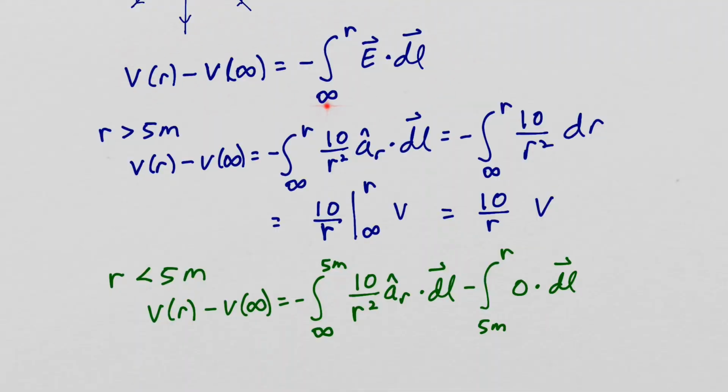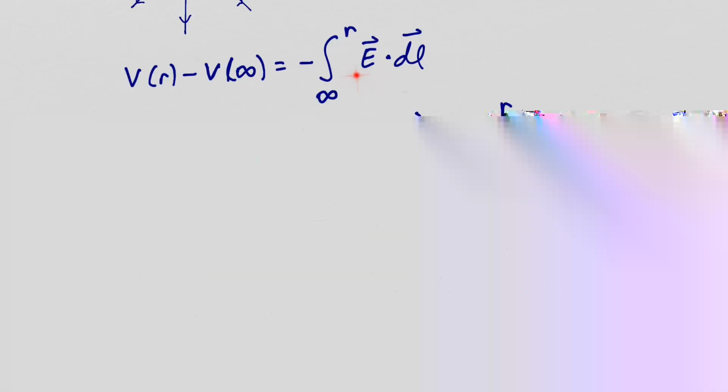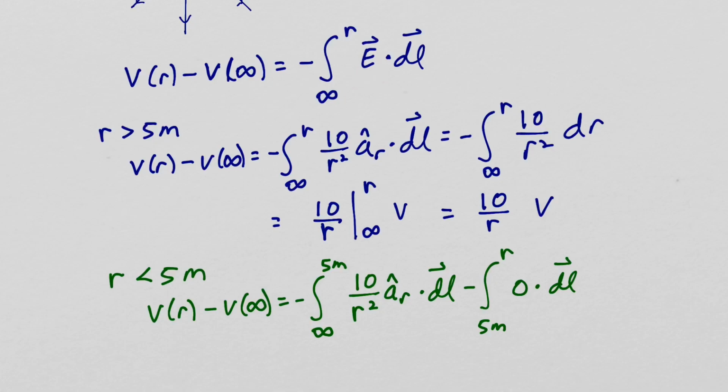Our function for the electric field intensity is different when r is greater than 5 meters than when r is less than 5 meters. So we'll integrate from infinity to 5 meters of 10 over r squared, and then we'll integrate from 5 meters to r of 0 dot dl, because the electric field is 0 for when r is less than 5 meters.